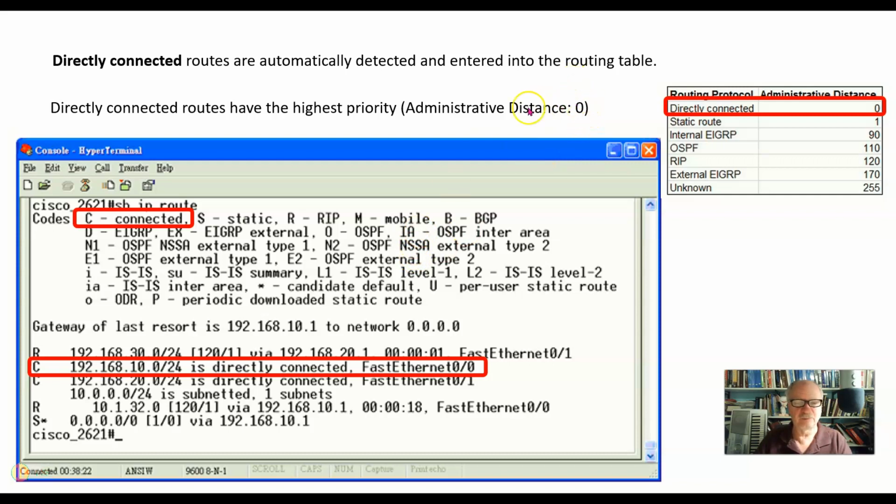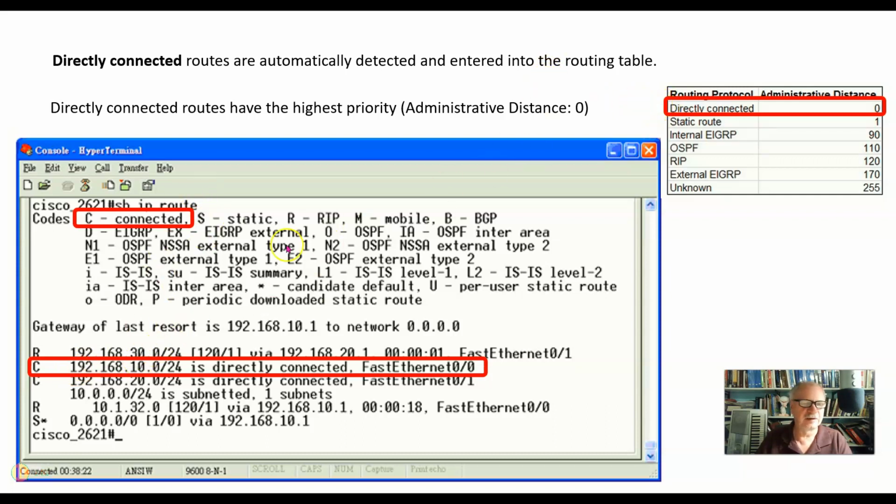So it's really a believable one because it knows it. It can see it, right? Seeing is believing. So it has an administrative distance of 0. That doesn't show up here anywhere, but we'll get into administrative distances a little more later on when we get into reading routing tables.